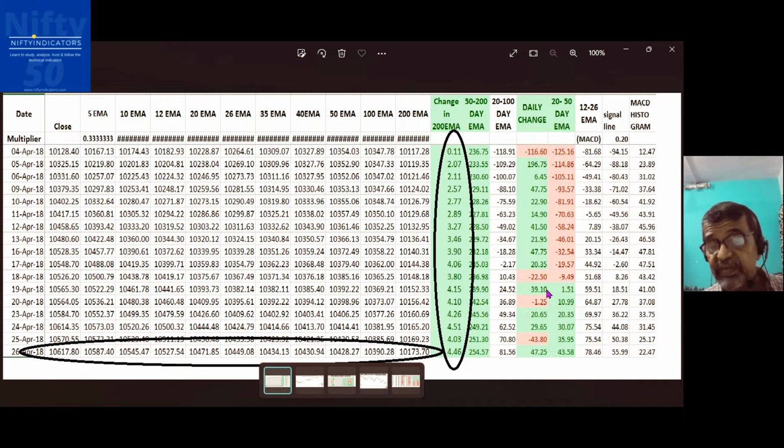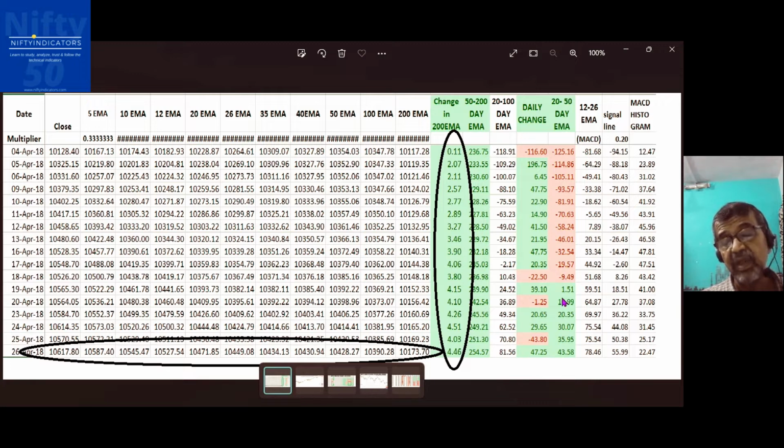So basically what we are saying is the golden cross is made on 19th of April 2019. Sorry, 2018. I'm sorry. 19th of April 2018, Nifty has made a golden cross. First thing is death cross is losing its steam.